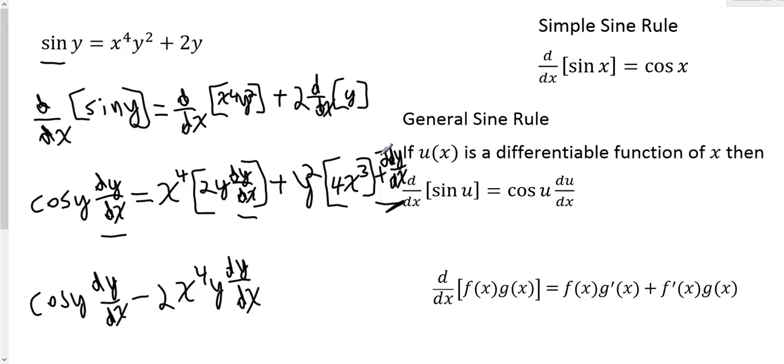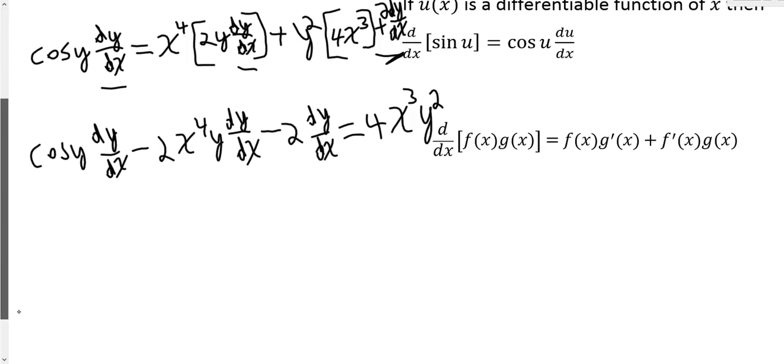And this term, 2 dy/dx, is also going to be negative when I bring it over. And that's going to equal, let's see, this is the only term that doesn't have dy/dx, so that's going to be 4x to the third y squared.